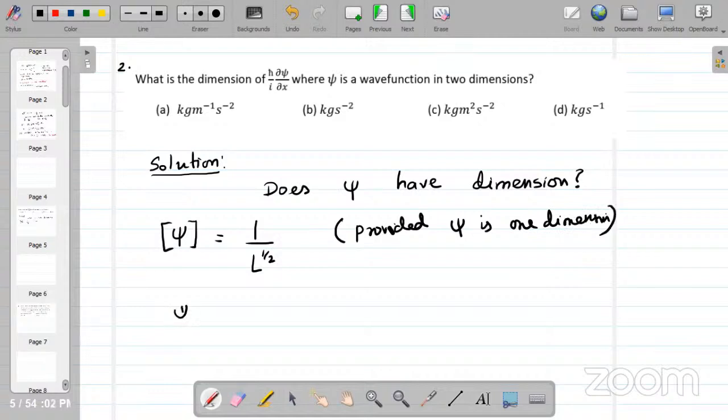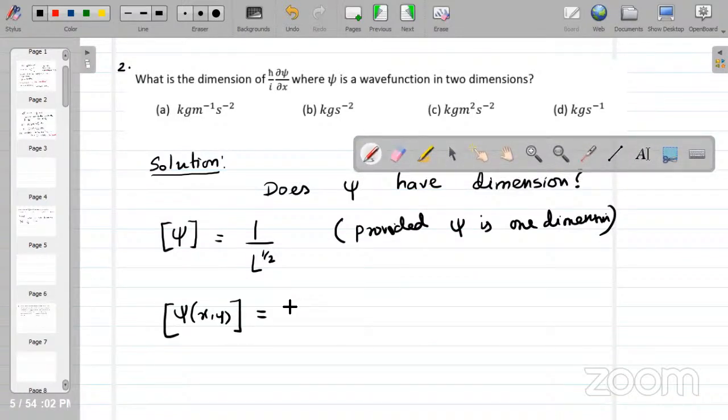Suppose psi is a 2 dimension wave function, I have x comma y. What will be the dimension of psi of x comma y? Because they have given a 2-dimensional wave function, right? Suppose I have a 3 dimension.